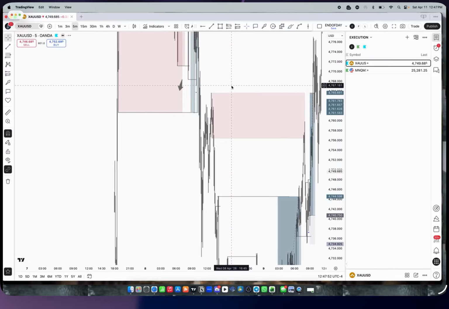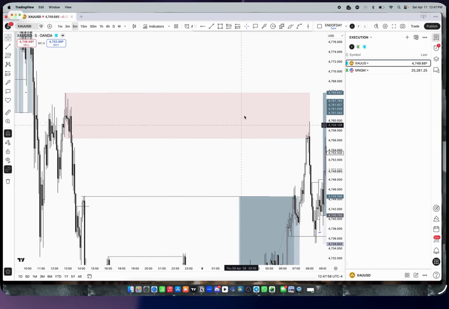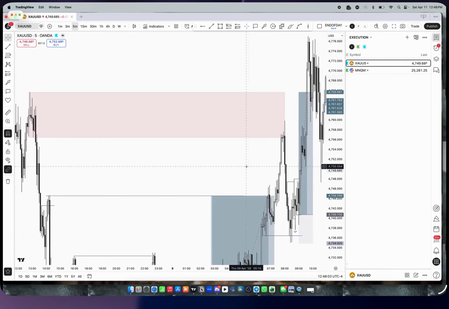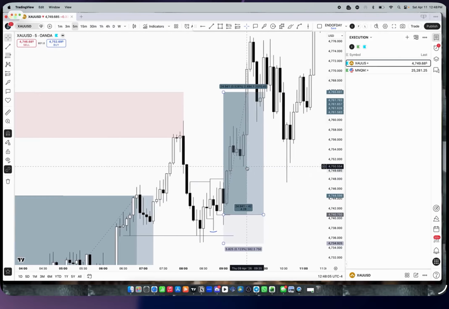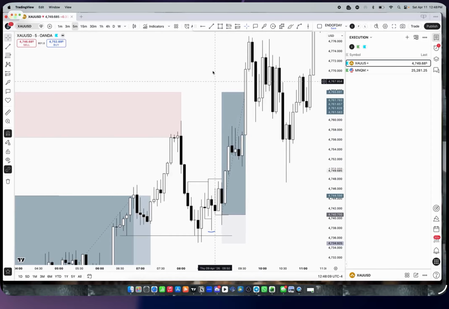So just showing you how you can play the market from liquidity to liquidity point. It's just waiting for these reactions to form, these false reactions where we induce traders, and then we trade into the liquidity.